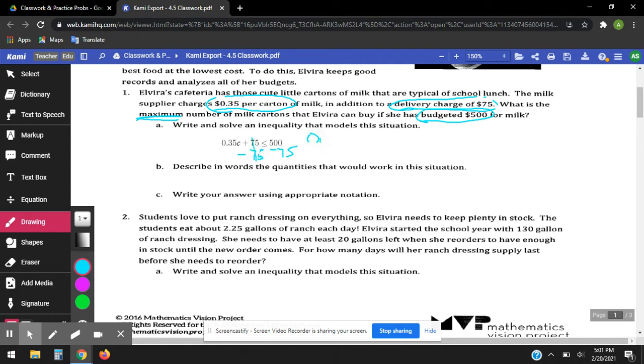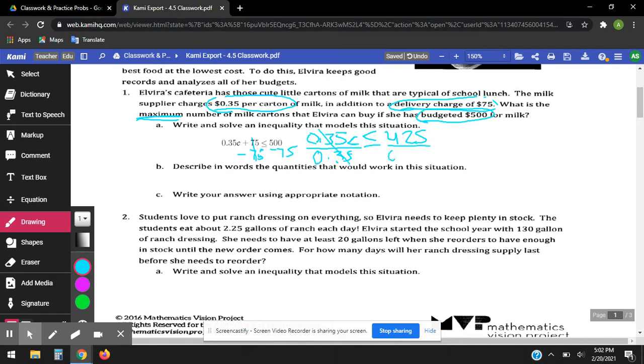So I'm going to have 0.35C is less than or equal to 5. Oh, sorry. We have to subtract, don't we? 425. So that is 425. And so now I need to divide by 0.35.